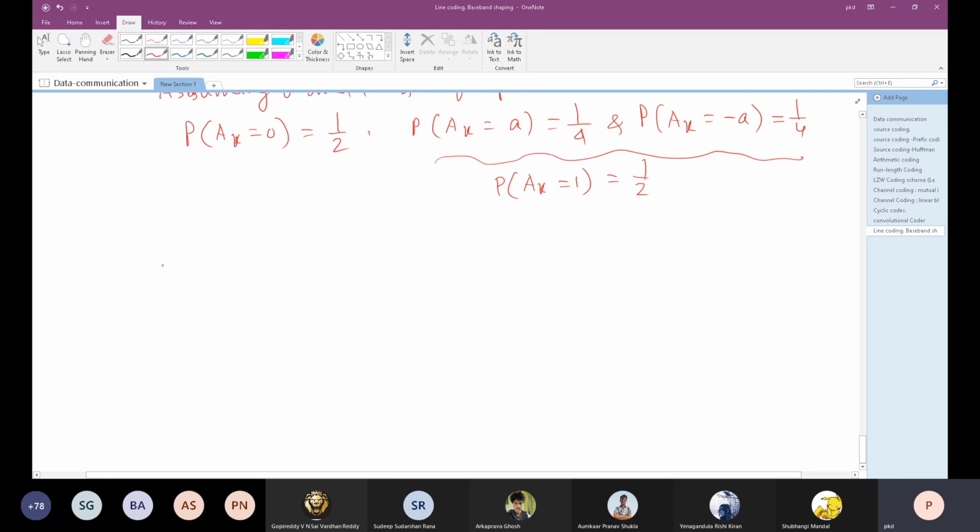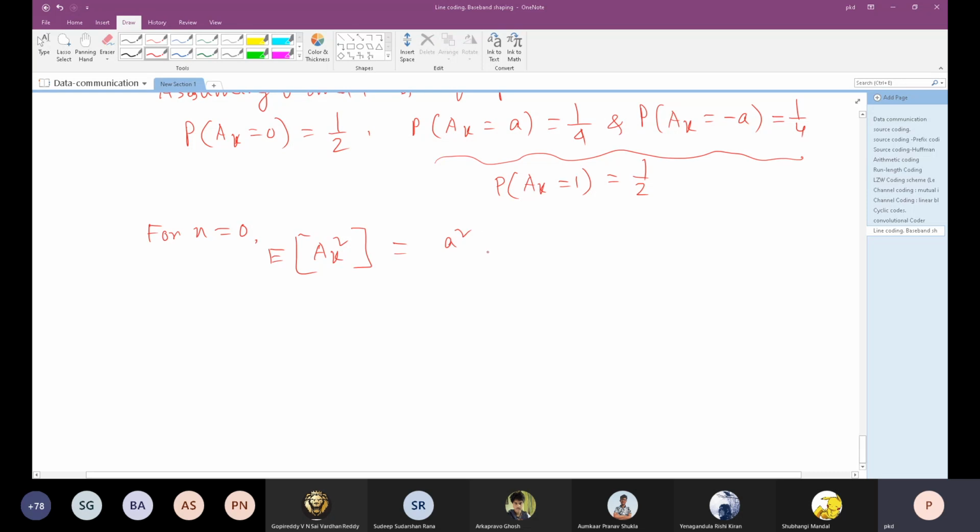Now therefore for n equal to 0, we take the expectation of AK square.